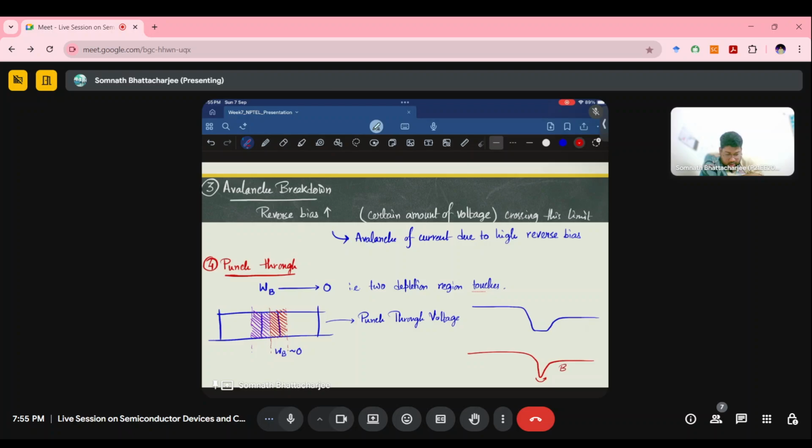This is the band bending at punch through cases. Yeah. So this is the concept of punch through.